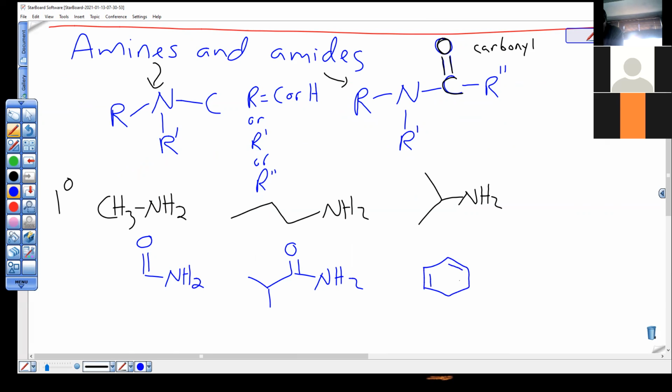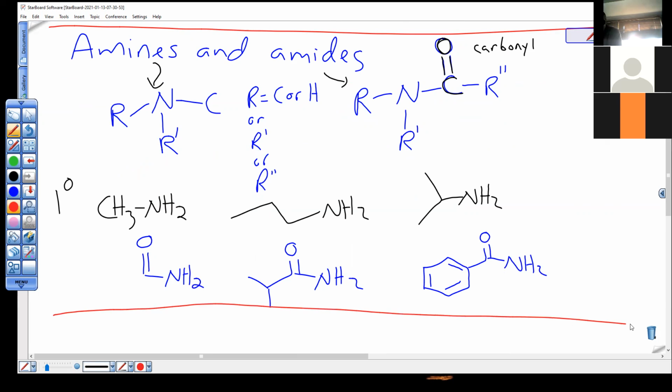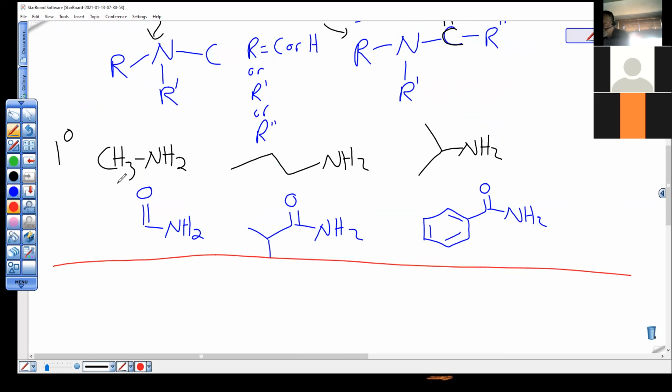There's a very common group in organic chemistry called a phenyl. But the point is, all of these nitrogens above that red line have one bond to carbon. So these are primary amines. And below them are primary amides.